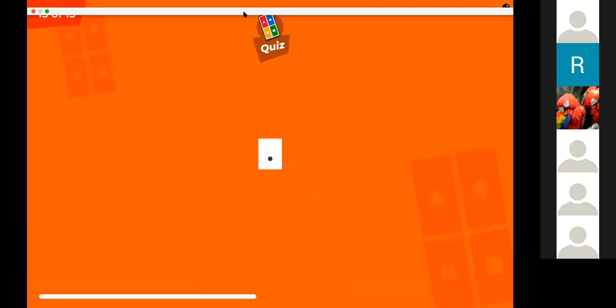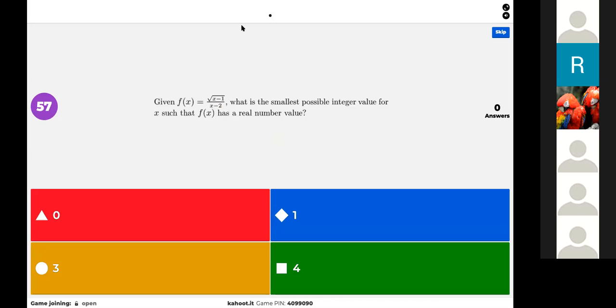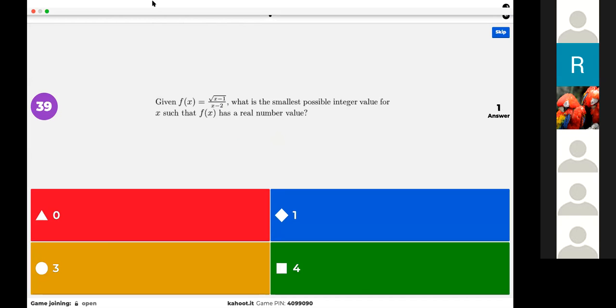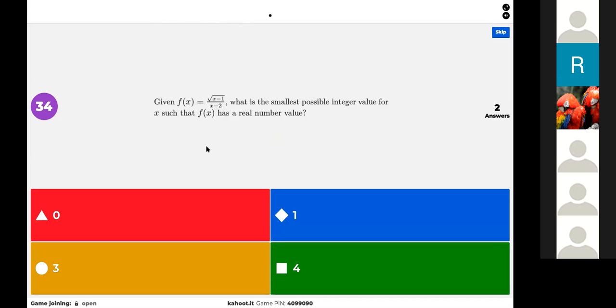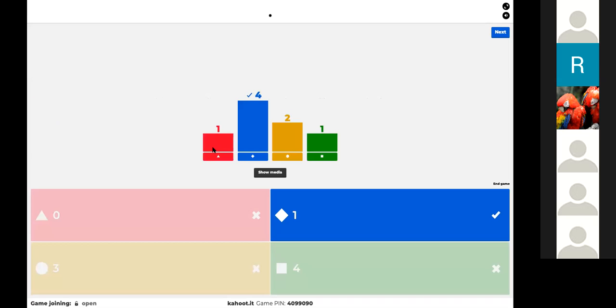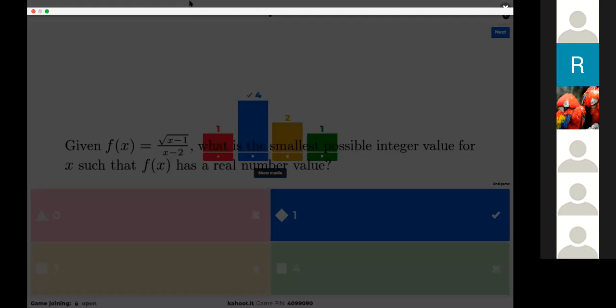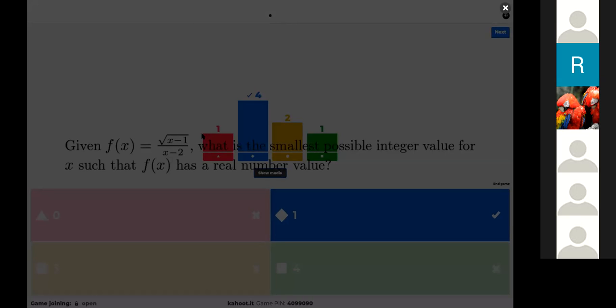Last question. Okay. Well, the value under the square root has to be non-negative in order for it to be valid.